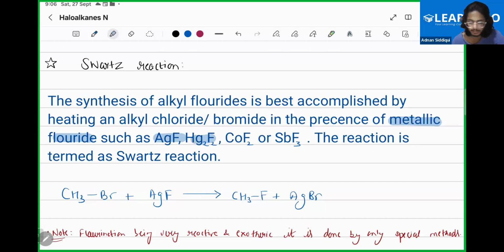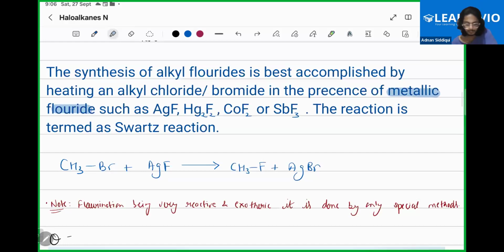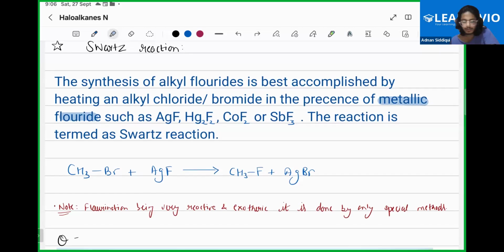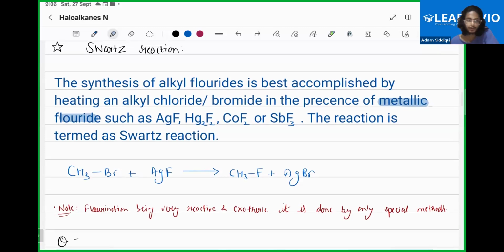To get alkyl fluorides, we react the alkyl bromide with AgF, replacing Br with fluorine, and AgF will be converted into AgBr.